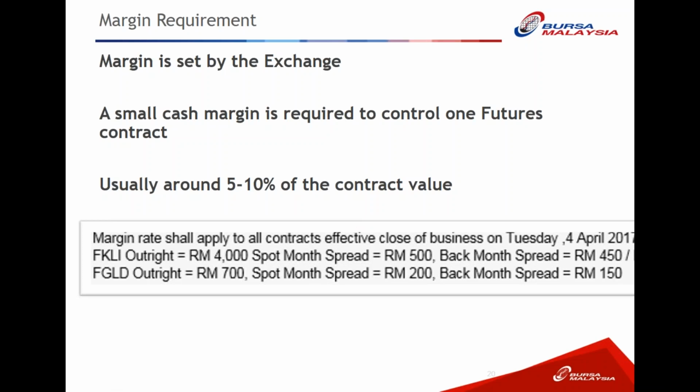A small cash margin is required to control one contract, just like I explained to you just now. Usually it lies at about 5 to 10% of the contract value. And below you can see the current margin rates for all the contracts traded in Bursa. One contract of FKI is 4,000. FGLD is 700 only.